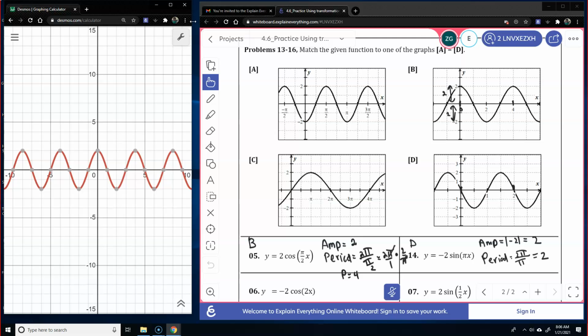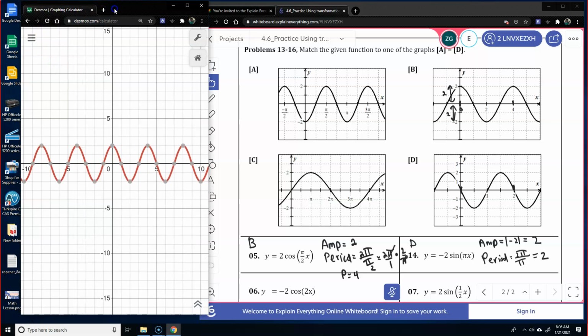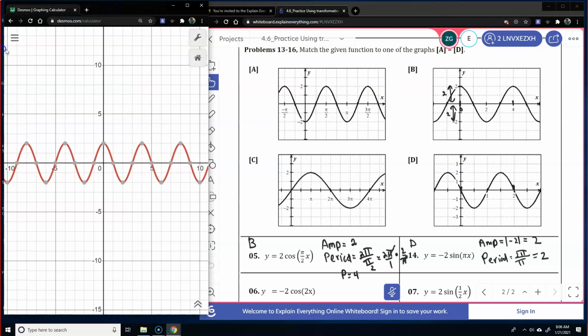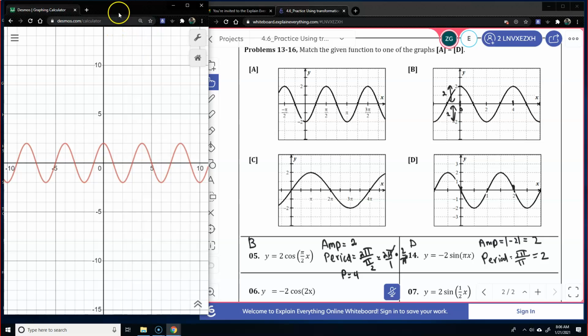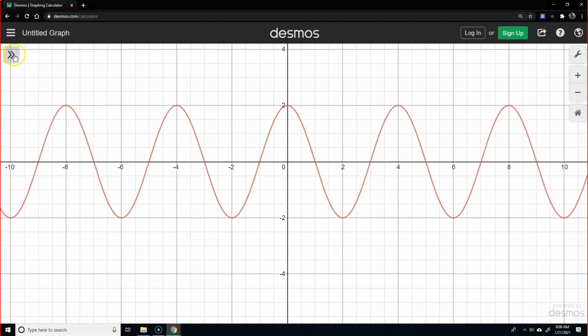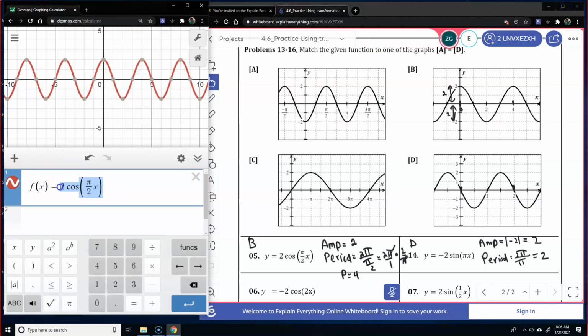And we're going to check why it would be D. So let me go ahead and use Desmos. Let me maximize this. Okay, here we go. So let's use Desmos. And so it's going to be 2.